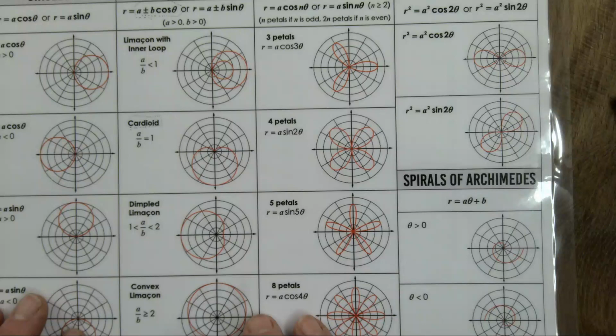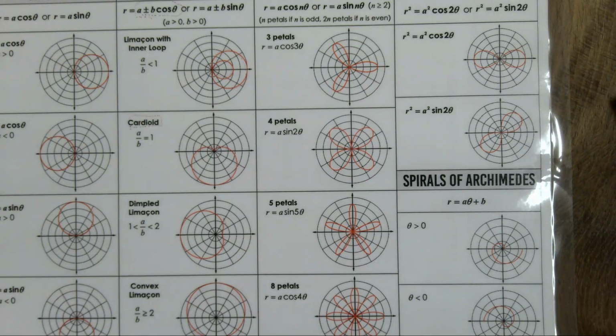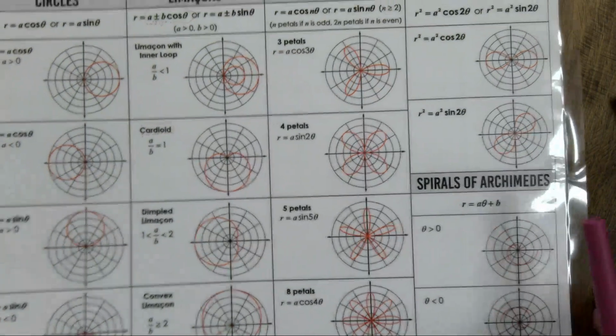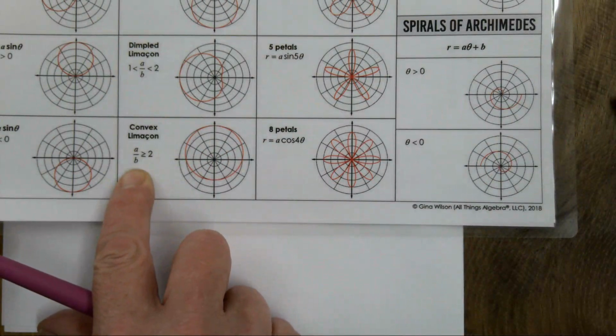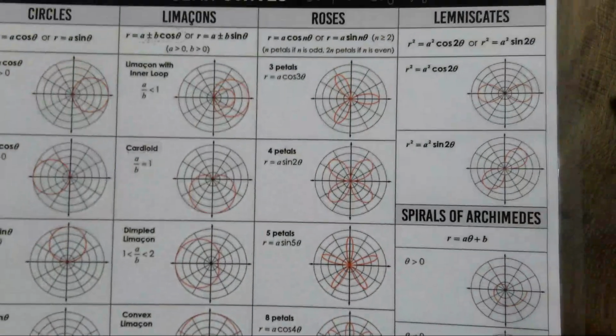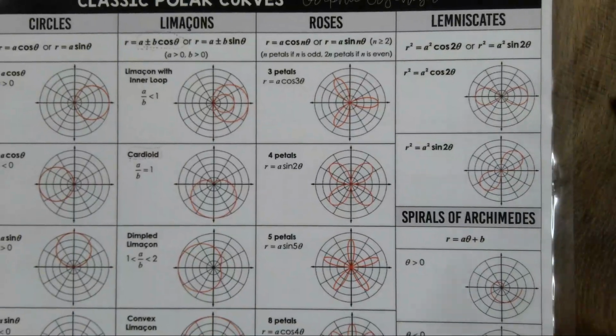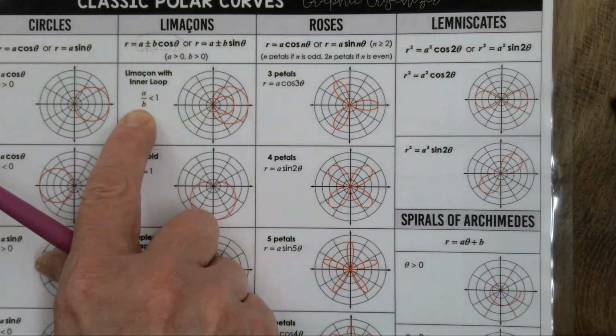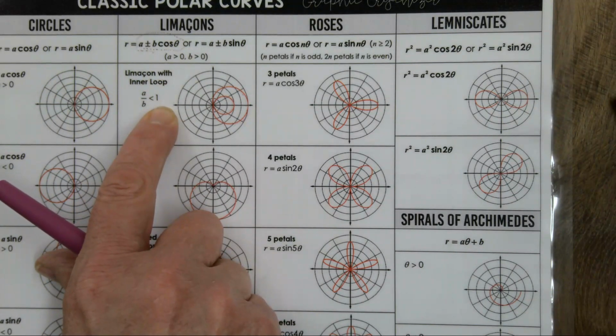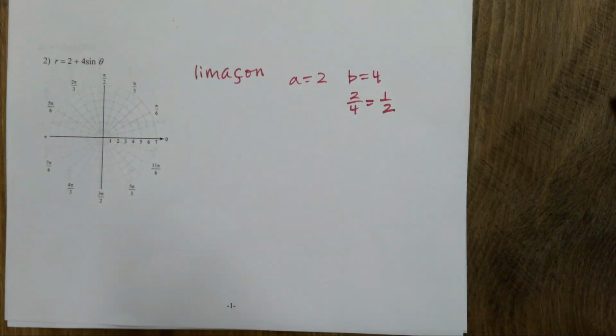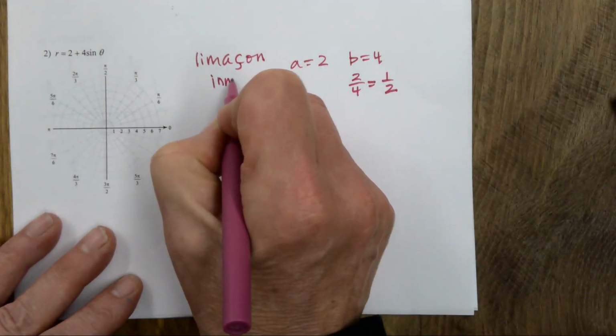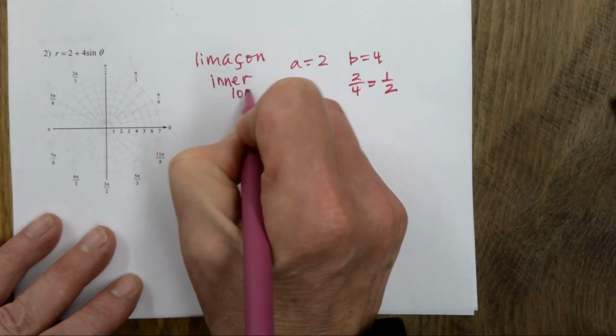That one's greater than 2. This is a 1/2. What do I have? Inner loop. Yep, this one. Because my A over B is less than 1, it's a fraction. Good? So this is an inner loop. Okay?